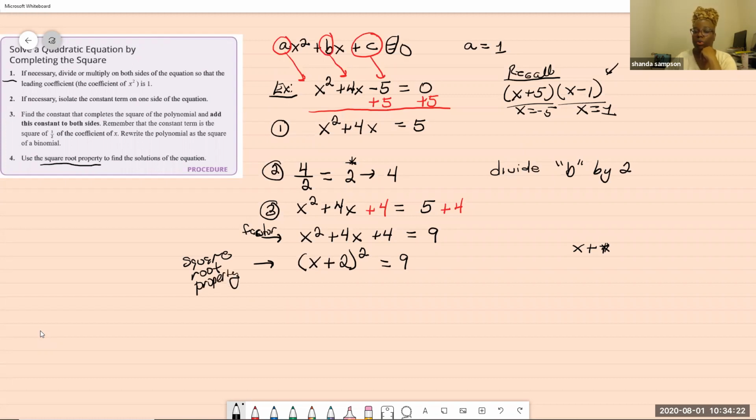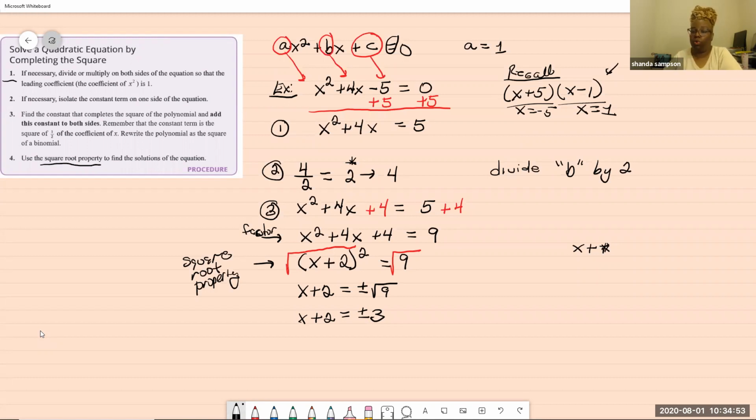Which again, you already learned, which is the square root both sides. And remember, when you square root the right side, you have to add a plus or minus. It is always going to come out to a perfect square trinomial.